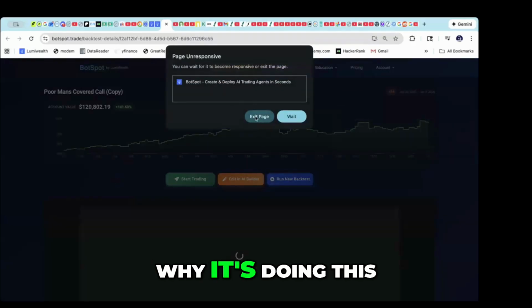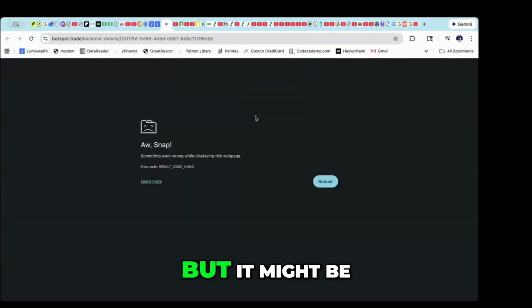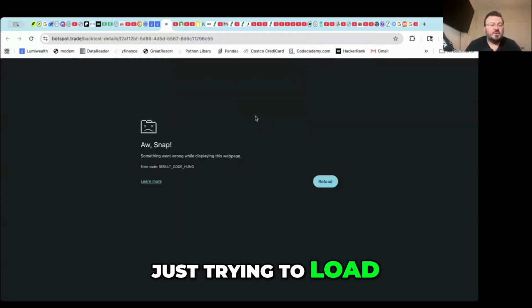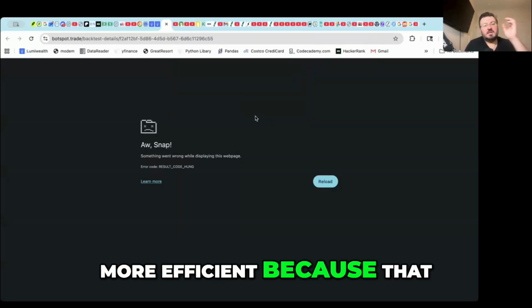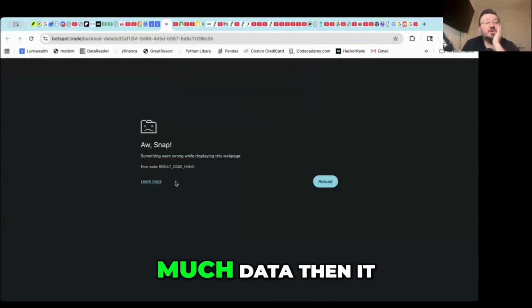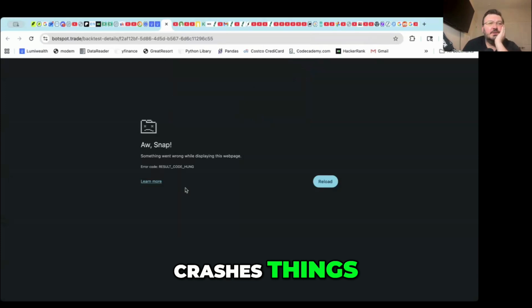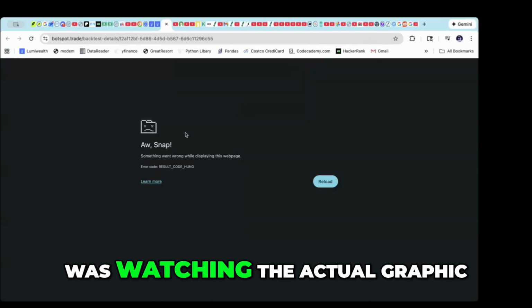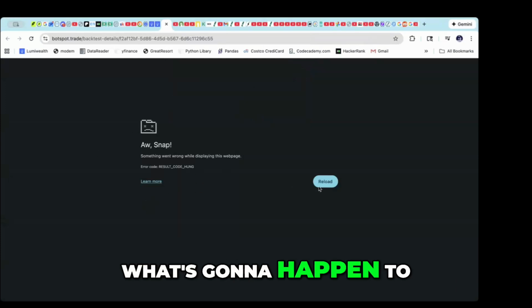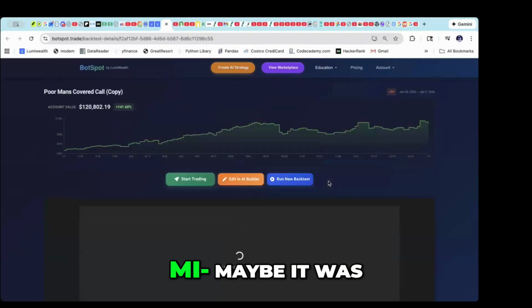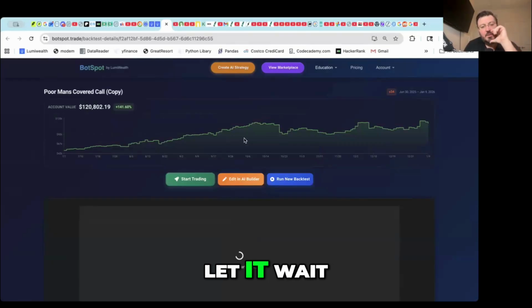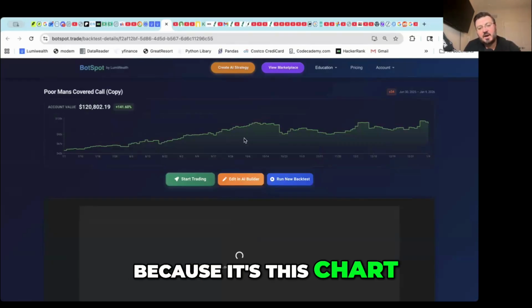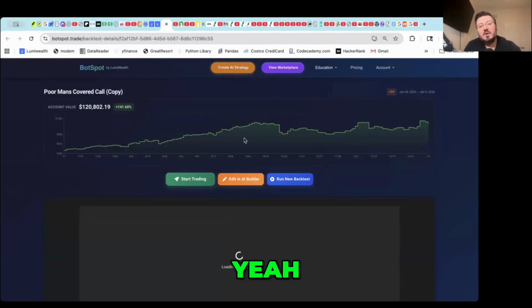I don't know why it's doing this, but it might be the TradingView chart just trying to load too much stuff. It's something we still have to make more efficient, because that TradingView chart sometimes loads way too much data and crashes things. Yeah, that's what I was seeing too, watching the graphic snap around. I thought it was maybe just me. Instead of telling it to shut down, let it wait, because this chart area is probably just taking too long.